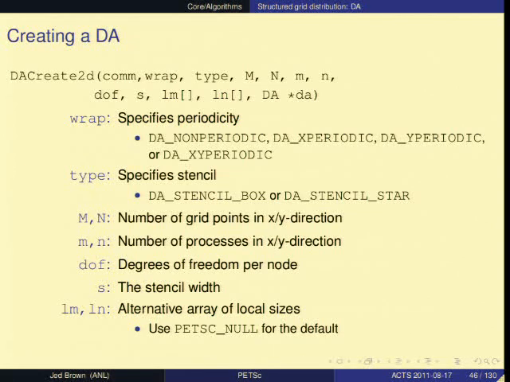What if the discretization does not use ghost points? If it does not use them at all, then you can set the stencil width to 0, and then it doesn't communicate anything. But you can't do a differential operator that way.